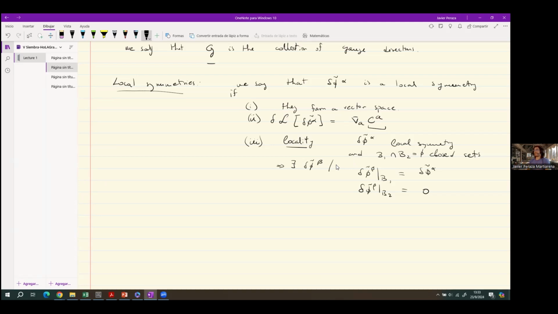But if we are going to infinity and imposing some non-trivial fall-offs, so let's assume that phi alpha goes to phi alpha infinity at this point, then the variation, if we want it to act non-trivially at these points, cannot be local. So we can no longer assume this condition.